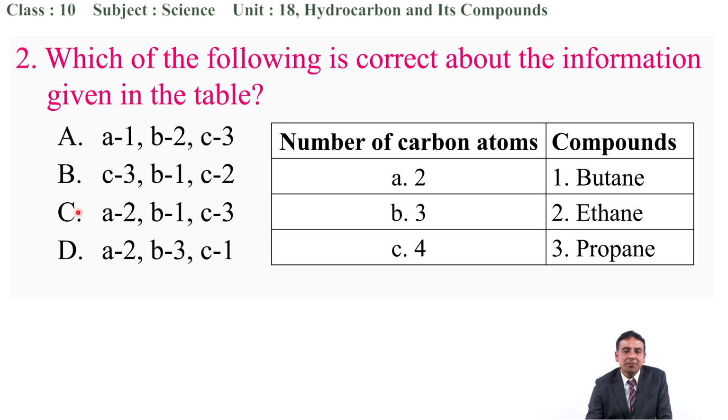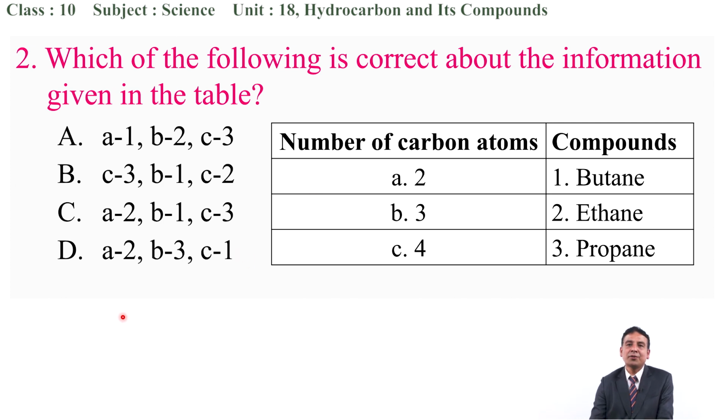In the third option, A2, that means 2 carbon atoms, the hydrocarbon which has 2 carbon atoms. Is it related with ethane? Yes. Then you can move to the next one, B1. If there are 3 carbon atoms, is it called butane? No, it is also incorrect.